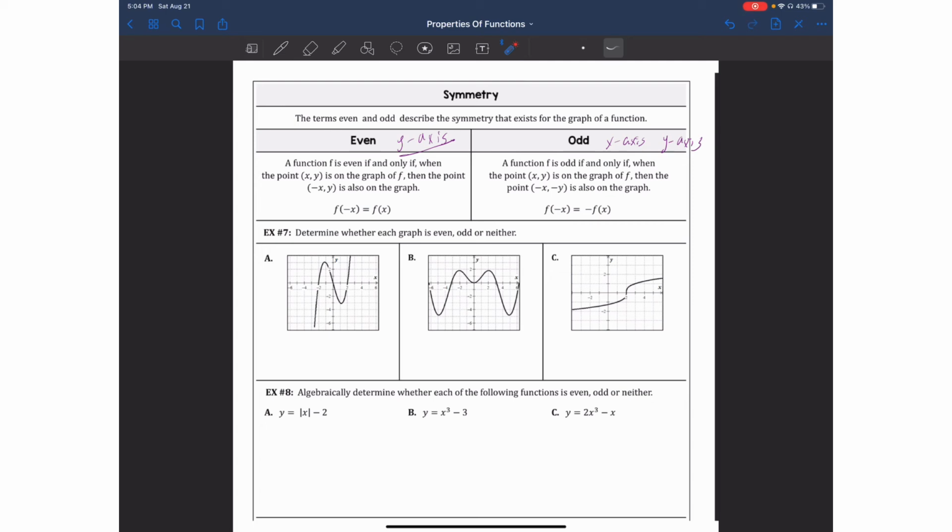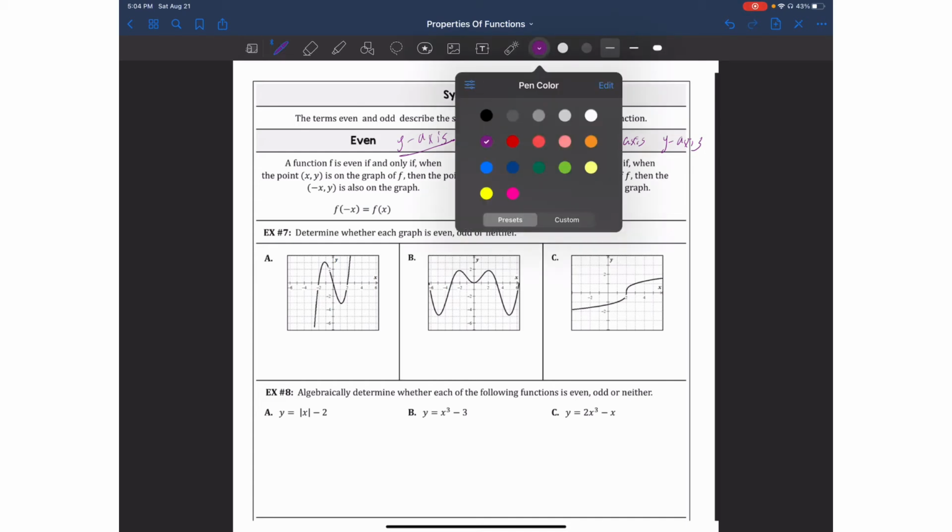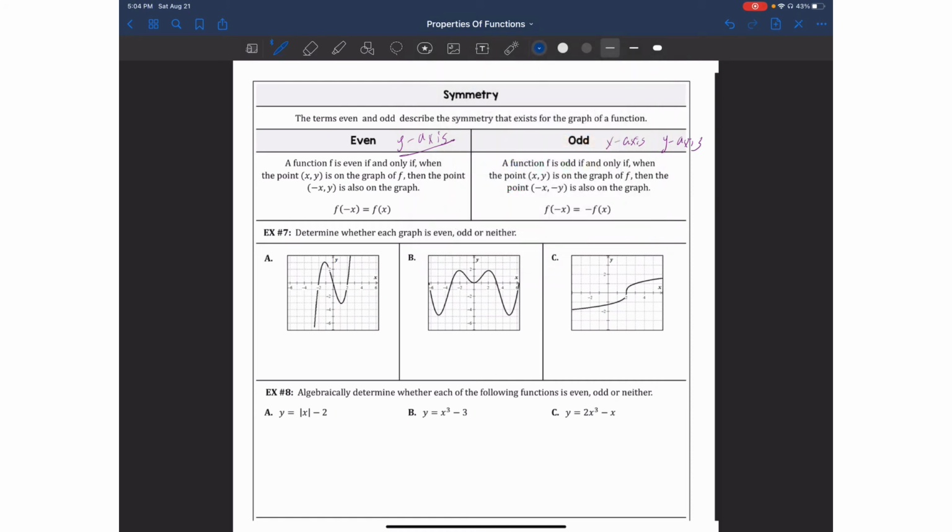So looking at A, I know this graph is not going to be even, because that's very easy to see that nothing is going to overlap with each other. Like I said about odd, it's kind of weird, but if we do it one step at a time. So if I were to take this graph and reflect across the x-axis, this part right here would look the opposite way.